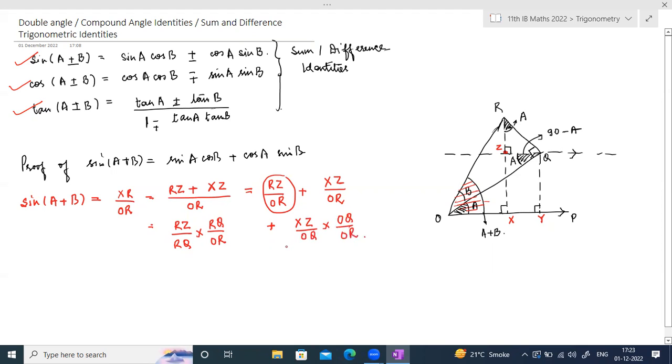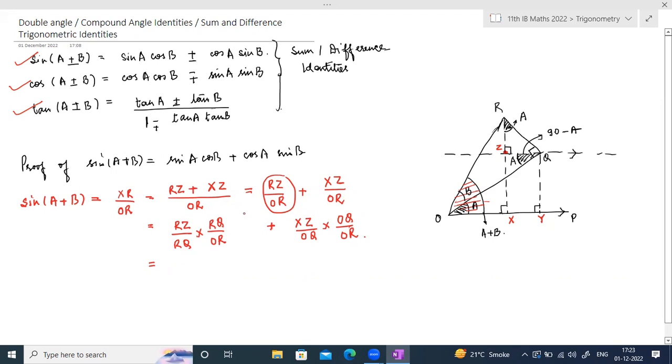Let's see what happens. How would one have identified that we were supposed to multiply and divide like this? Because I am thinking a little ahead. The moment you write the next step, you will understand why we did that.